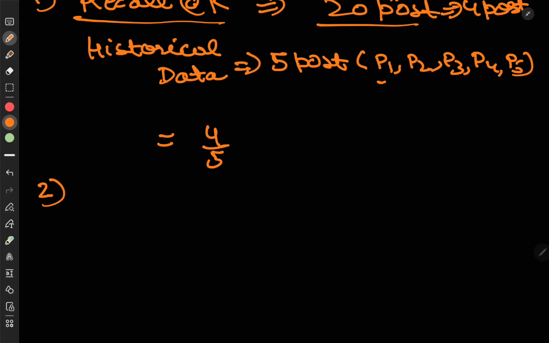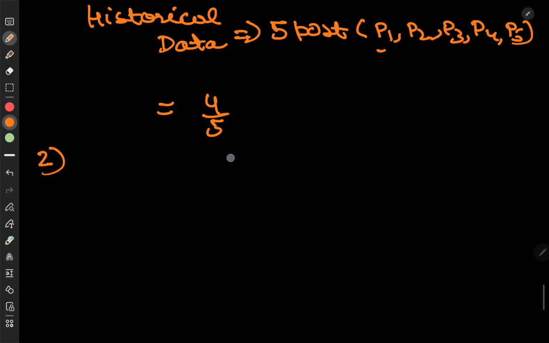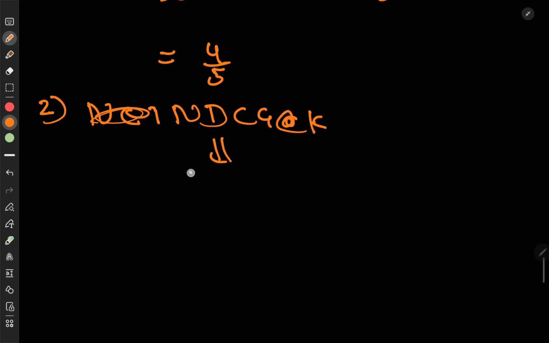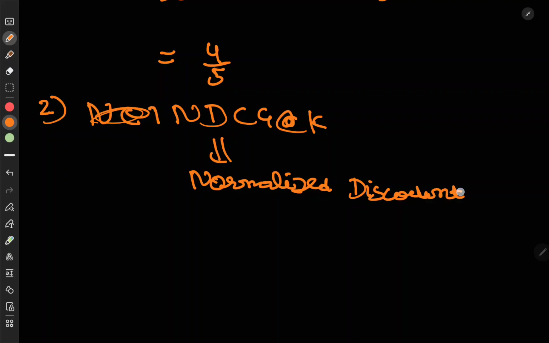Now how do we measure this ranking quality? For that we have something called NDCG at the rate k. So what does this mean? This means normalized discounted cumulative gain.